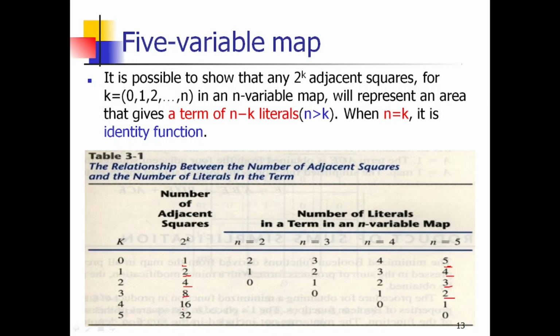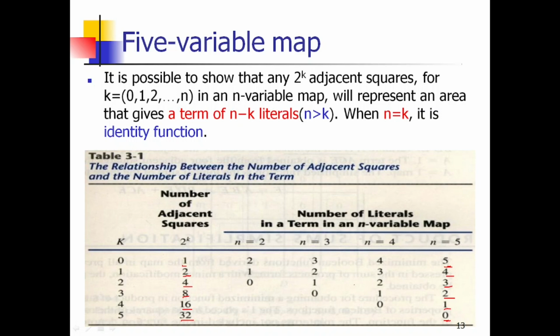Then with 16 adjacent cells, the number of literals is 1. And with 32 adjacent cells, we don't have any literal, because the answer is F equal to 1, which has to be written. So it consists of no literals. So it is marked as 0. So this is for the 5 variable K map.